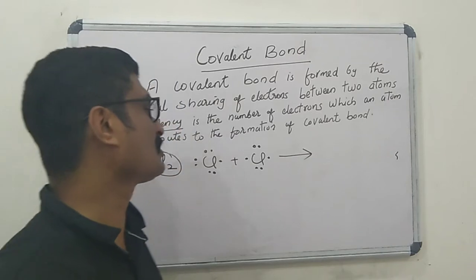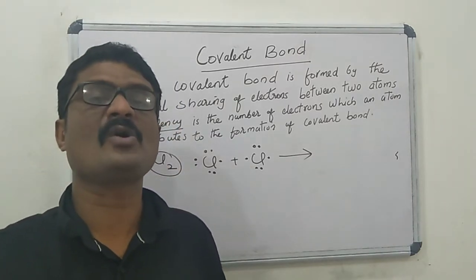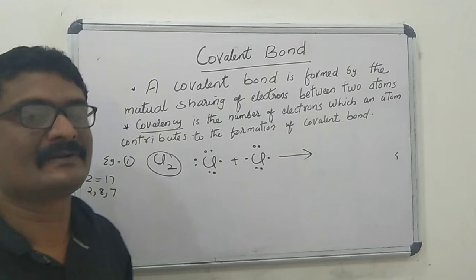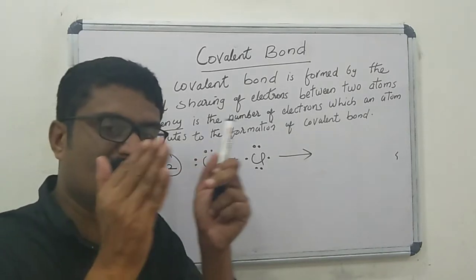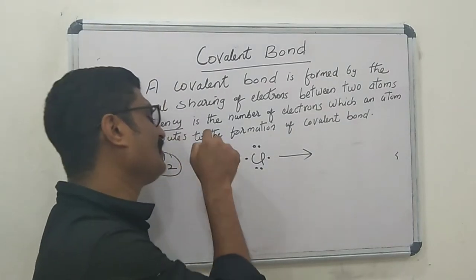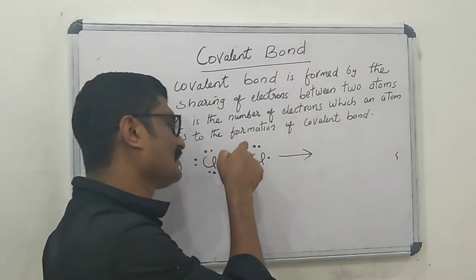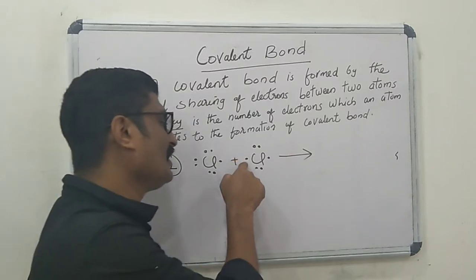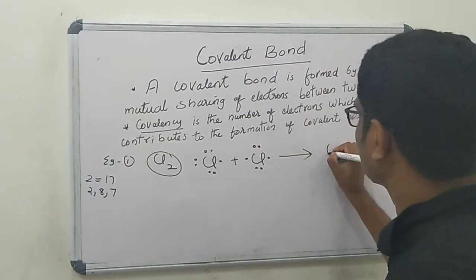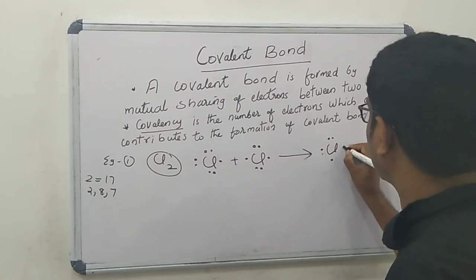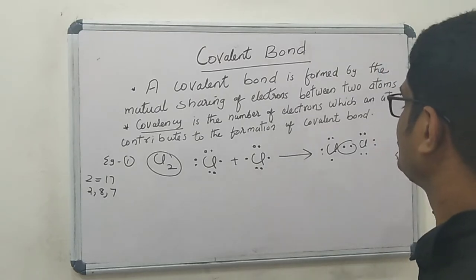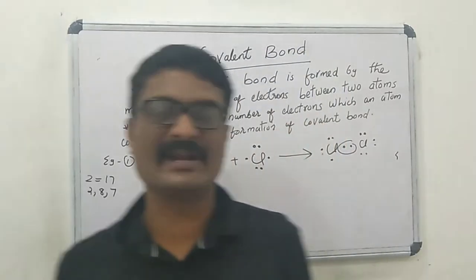Here each chlorine atom requires one more electron to complete the octet, the equivalent electron configuration. When a chlorine atom combines with another chlorine atom, one electron of chlorine is shared with one electron of another chlorine atom. Here one pair of electrons is shared between two chlorine atoms.